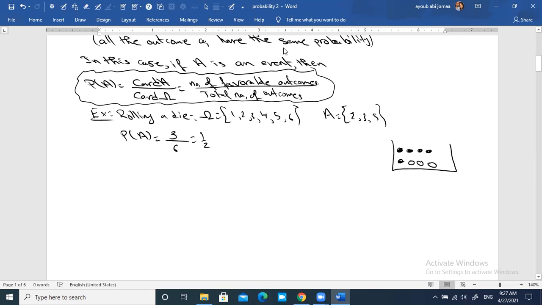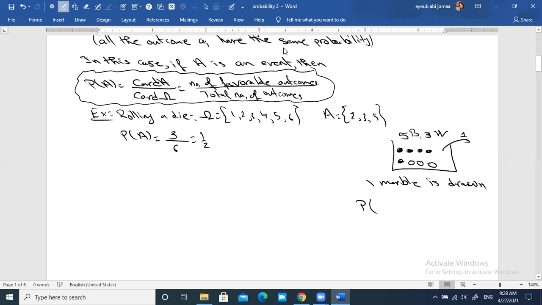Another example. Let's say you have a jar that contains 5 black and 3 white, and one marble is drawn from the jar.